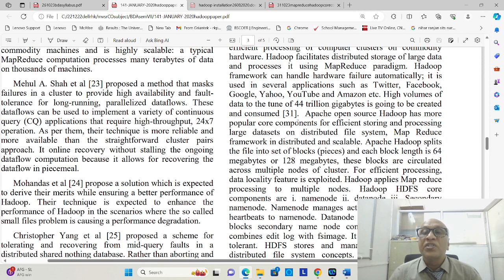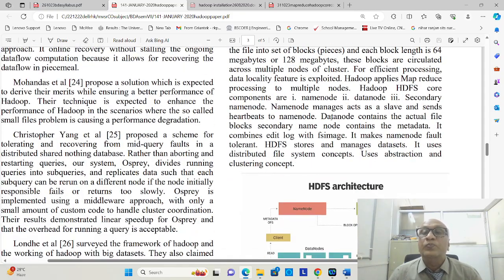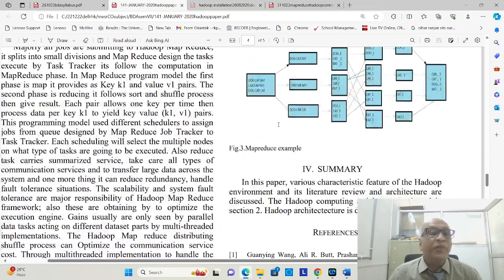What are the components of Hadoop? It requires a component for storage. It requires a component for processing. If you look at MapReduce, it has the nature of being distributed and scalable. So this is what is mentioned here.